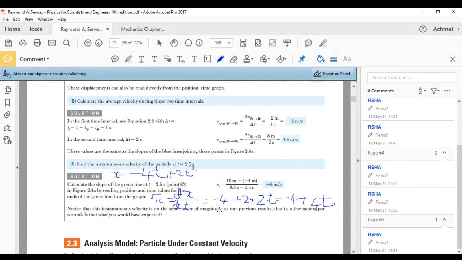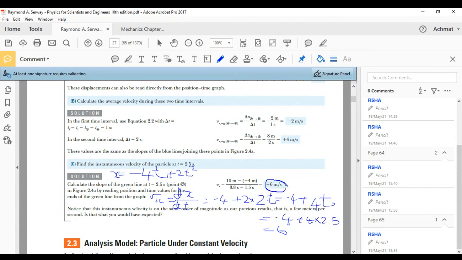Now they asked the question at 2.5 seconds. So all that we need to do now is substitute 2.5 into the time. And then what do we get? That will be equal to minus 4 plus 4 times 2.5. 4 times 2.5 is 10. 10 minus 4 is equal to 6.